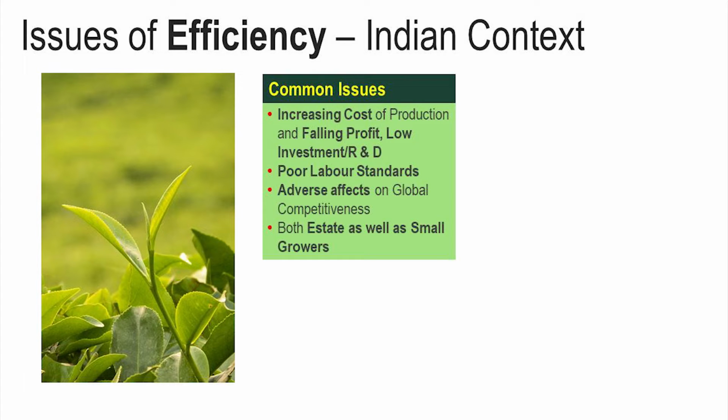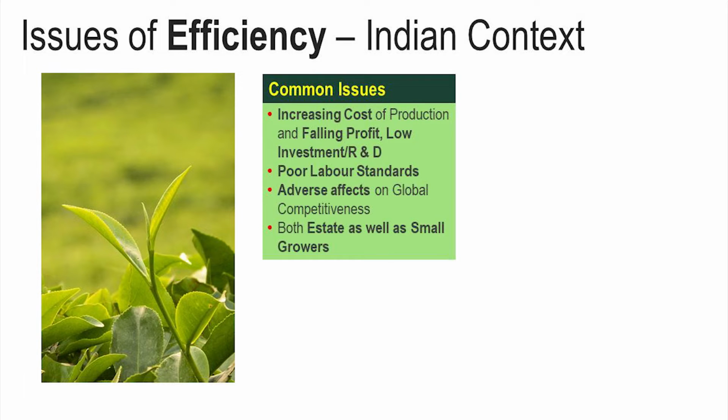So on one hand, the cost of production is increasing. On the other hand, the profit is falling, and this results in low investment subsequently, and also the low investment results in low R&D, research and development, and that is why the whole efficiency and productivity of the sector are suffering.